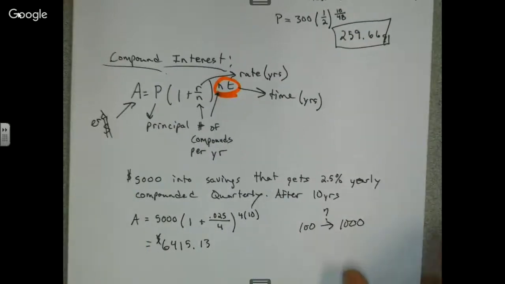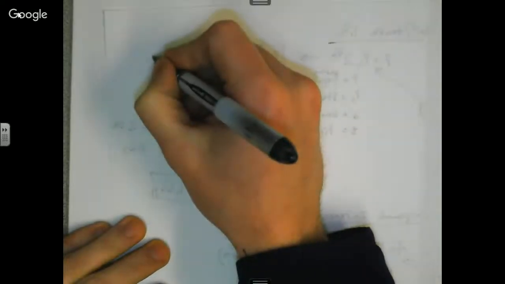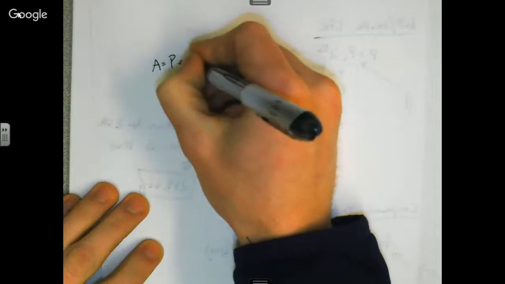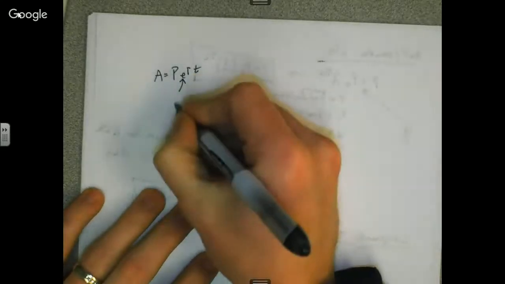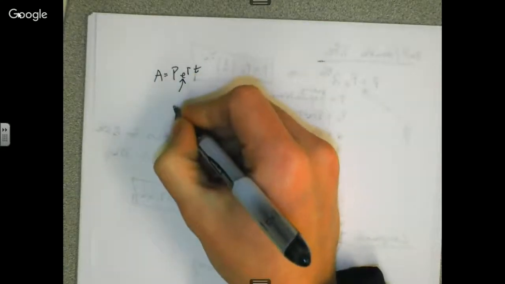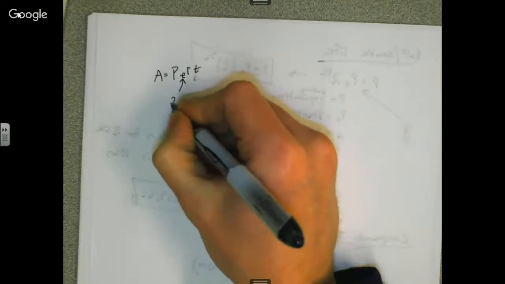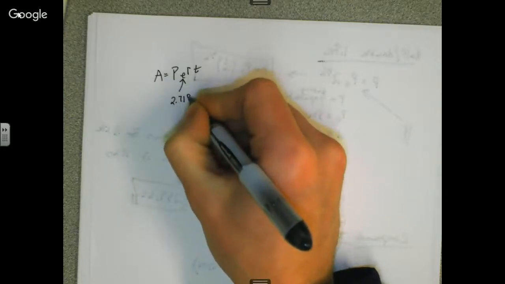We can have continuously compounded interest. E is a constant, and it is 2.71828.